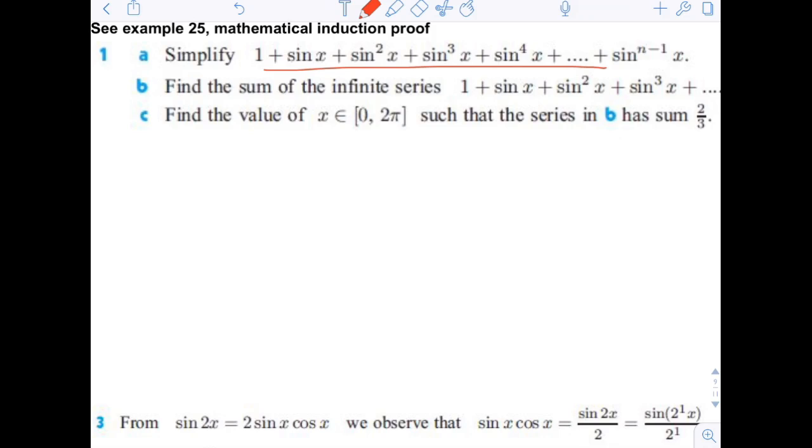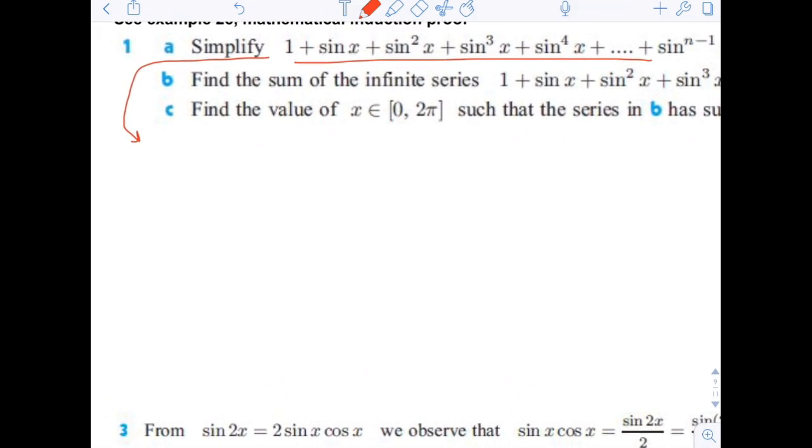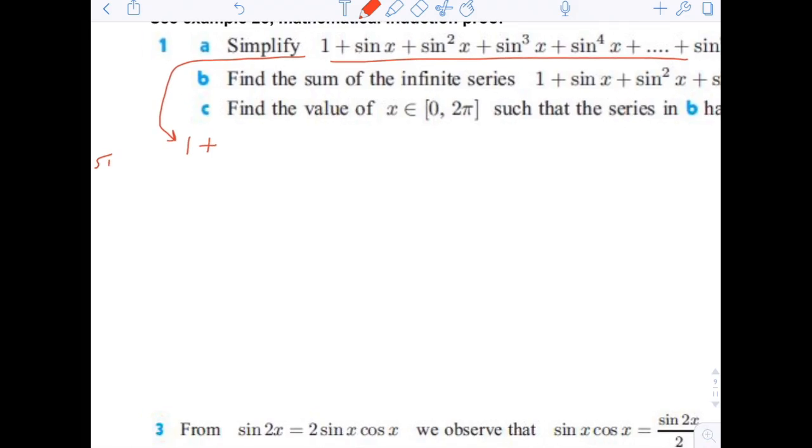It might be a little hard to see how this could be simplified, but remember that I could substitute in, instead of sine x, a variable like r, and put 1 plus r squared plus r cubed plus r to the fourth plus dot, dot, dot.